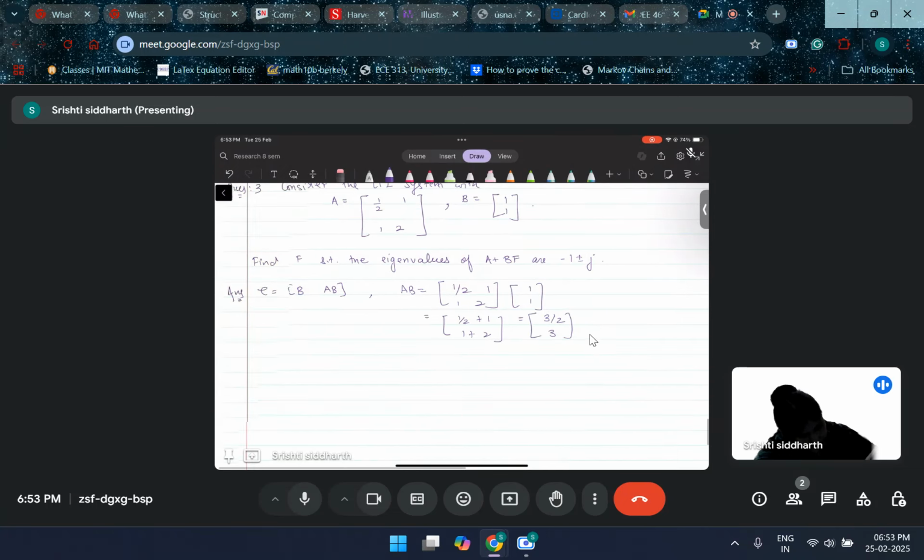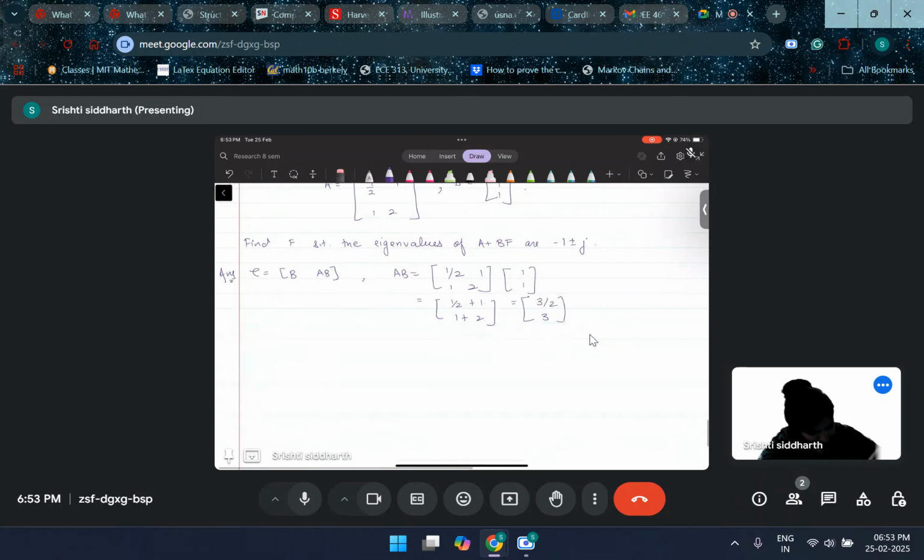This means that C is... we can observe directly that this is non-zero because this is simply 3 minus 3 by 2. It's controllable. And now we can place the eigenvalues at the desired location.